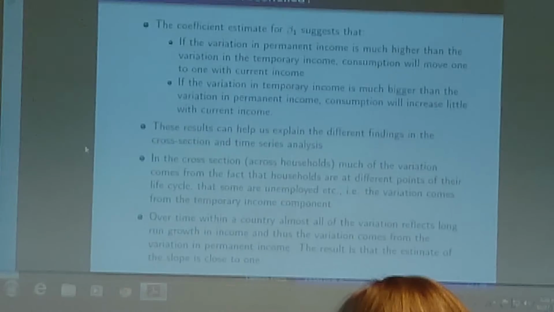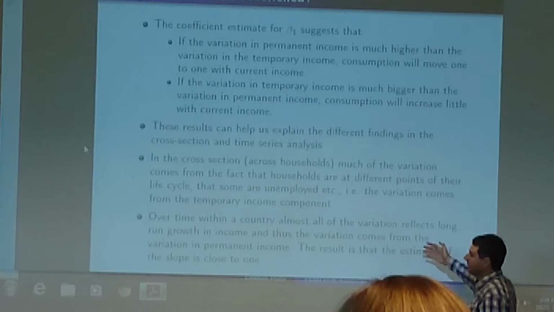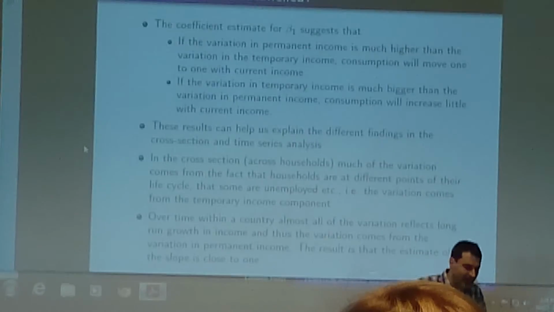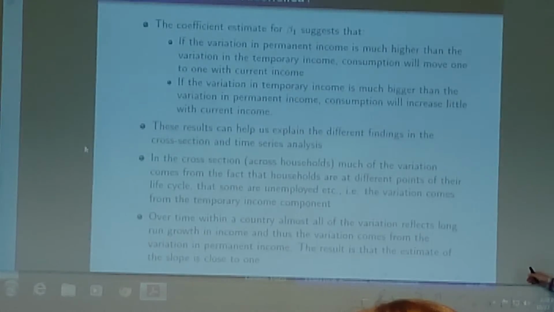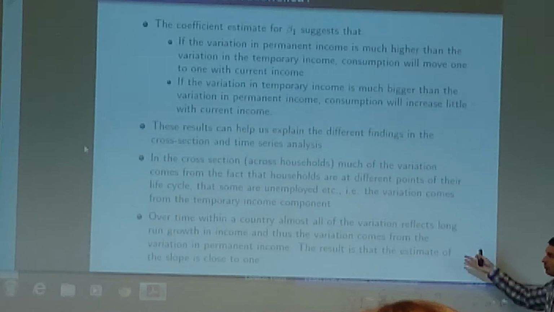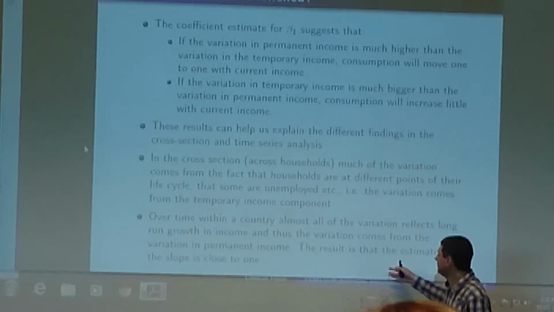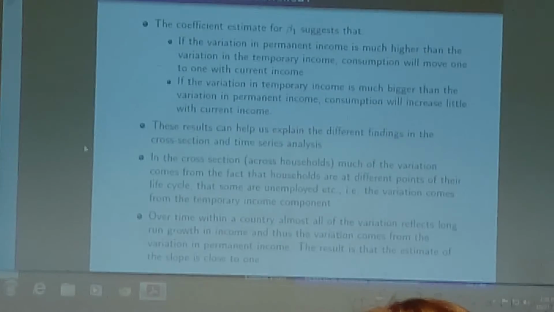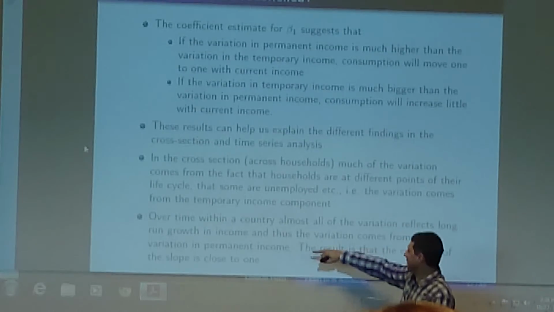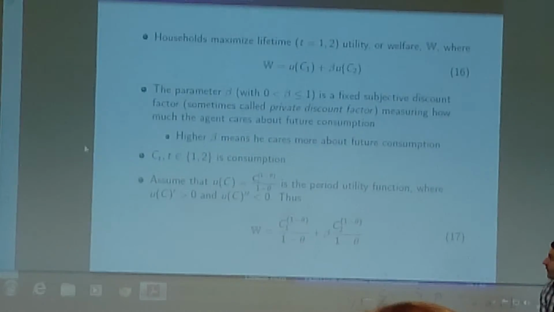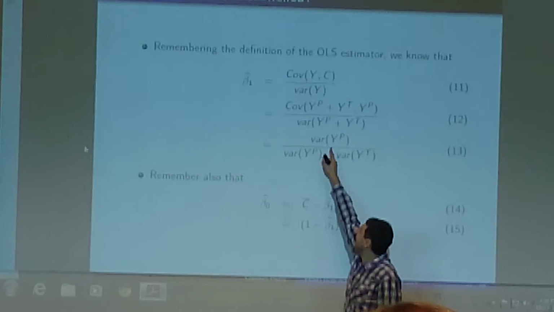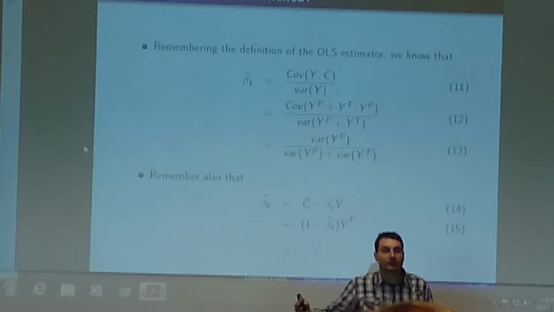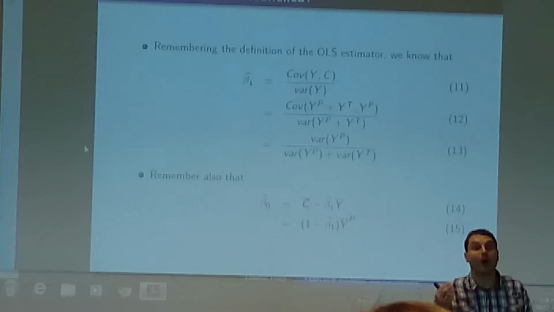On the other hand, over time, within a country, when we're looking at aggregate time series studies, most of the variation in income is related to growth, long-run growth in income. And that is typically something permanent. So most of the variation in this case comes from the variation in permanent income. If most of the variation comes from permanent income, this is high compared to this, and the slope coefficient will be estimated to lie near 1.